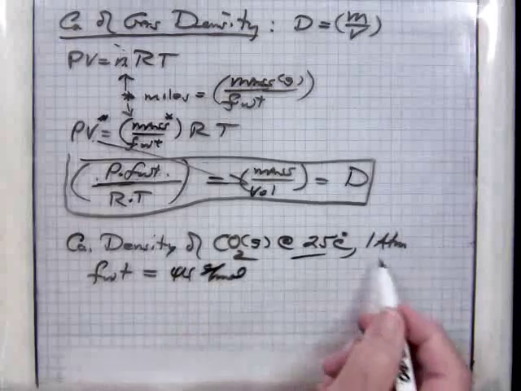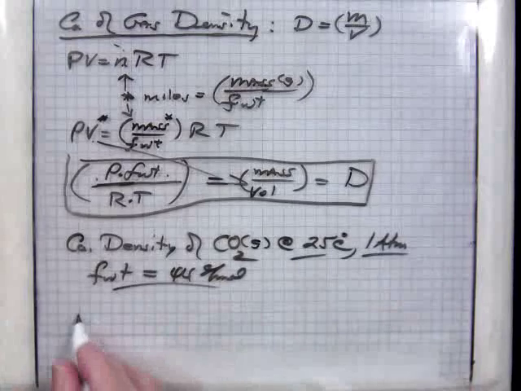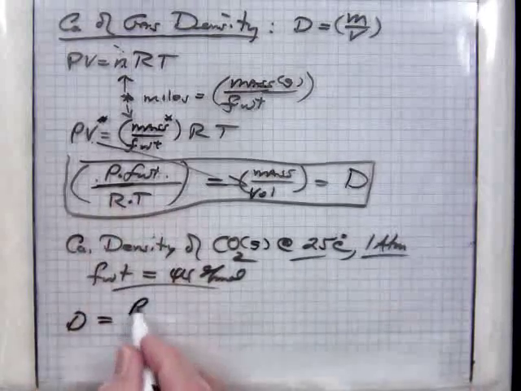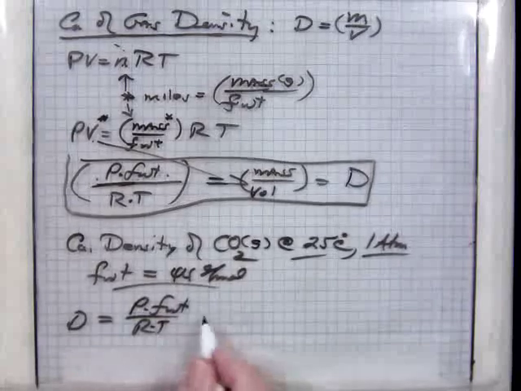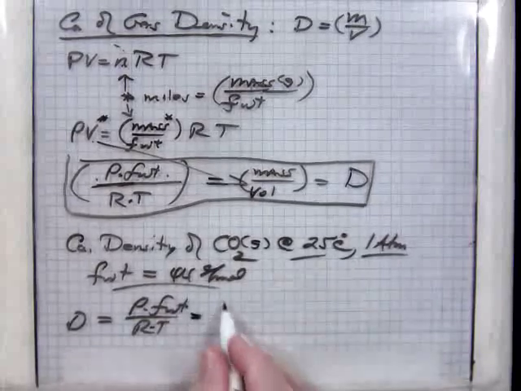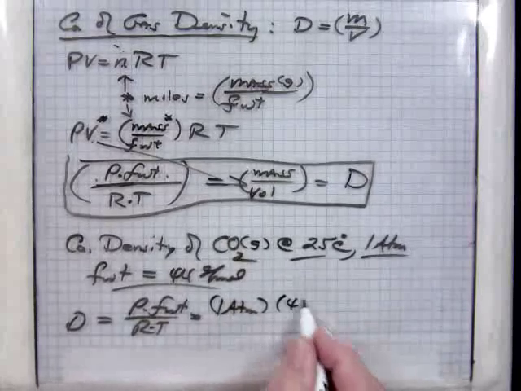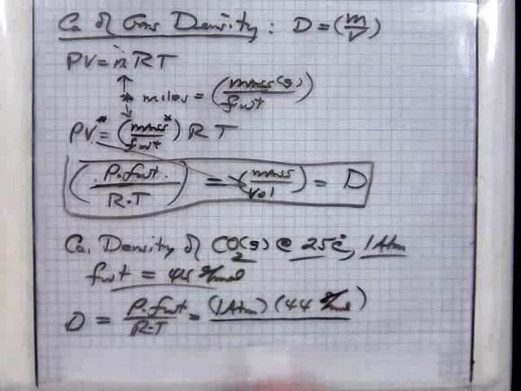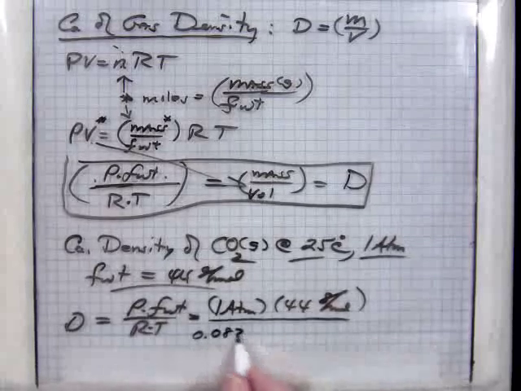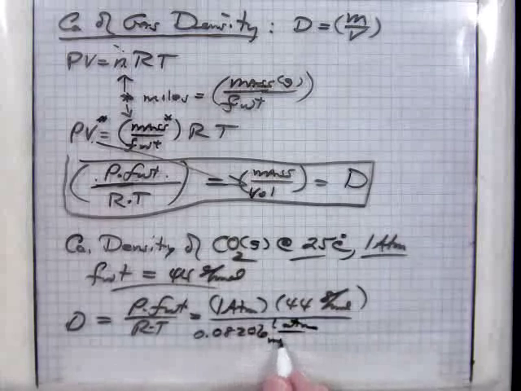So you've got temperature, pressure, and mass. So our density is P formula weight over RT. Pressure is 1 atmosphere. Formula weight's 44 grams per mole. R is 0.08206 liter atmospheres per mole Kelvin.